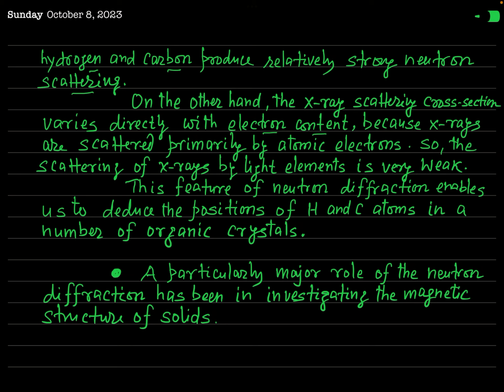Because X-rays are scattered primarily by atomic electrons, as I have mentioned here. So the scattering of X-rays by light elements is very weak, because light elements have a smaller Z. Z means total number of electrons, and if Z is small, the diffracted beam will be weak.